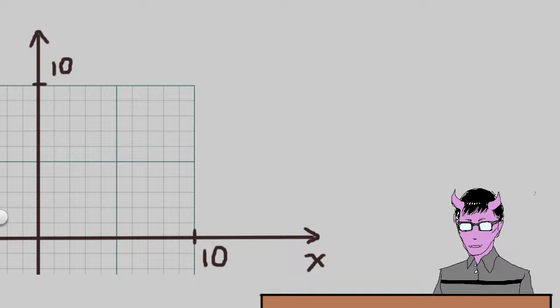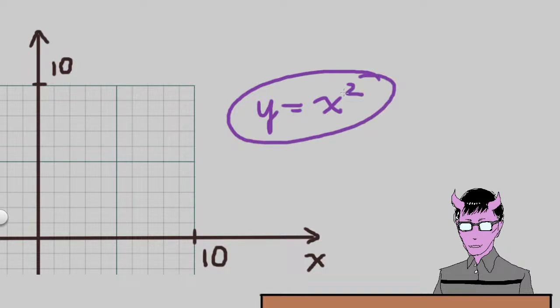When we're talking about graphing parabolas, we have something of the form x squared. Let's talk about the most generic case, which is y is equal to x squared. You might see the function written as y is equal to x to the power of 2, which I would say is the old school way of writing it when you first learn algebra. You call one side of the equation y and the other side involves x.